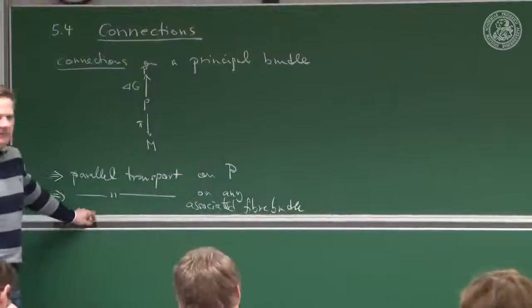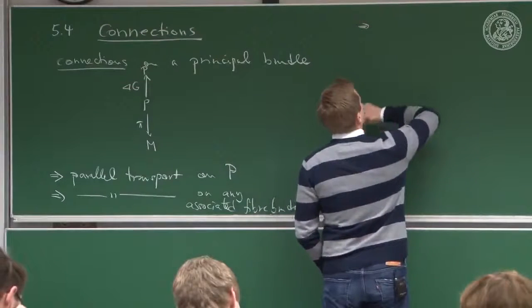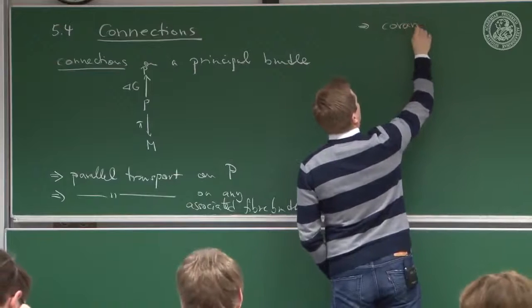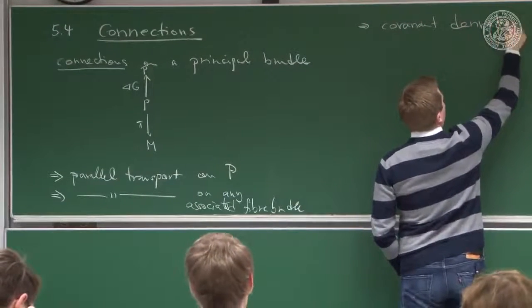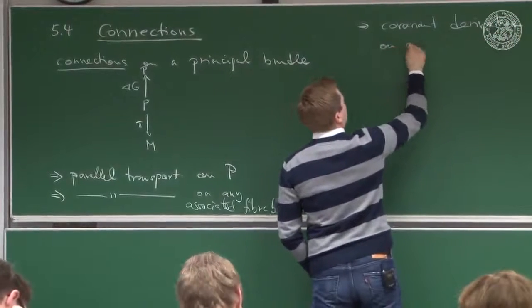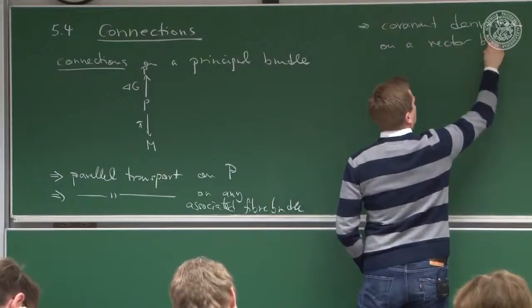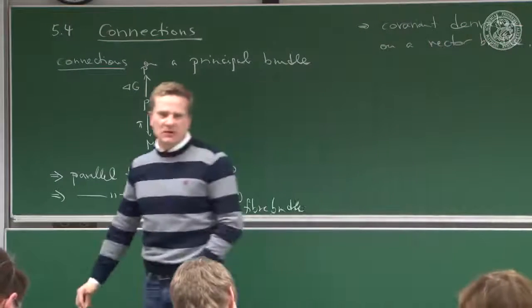Then there is a very special case: if the fiber bundle is actually a vector bundle, then it can be used to define a covariant derivative on a vector bundle. That is where the fiber carries a vector space structure.